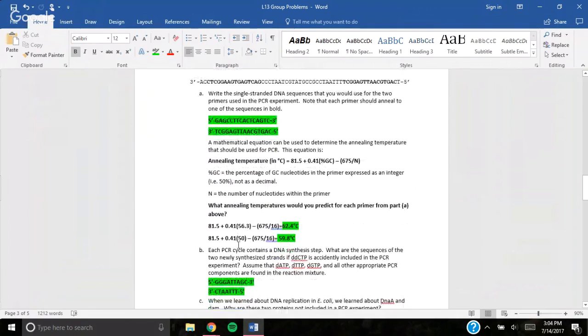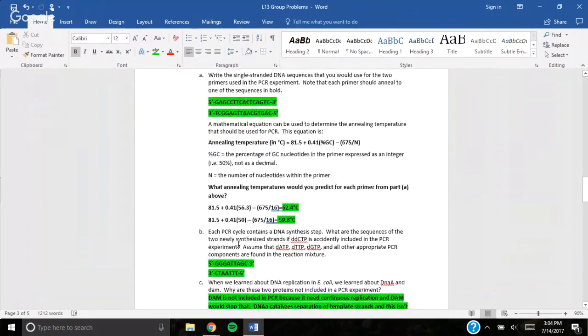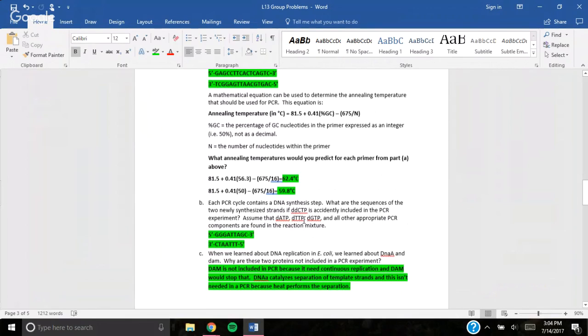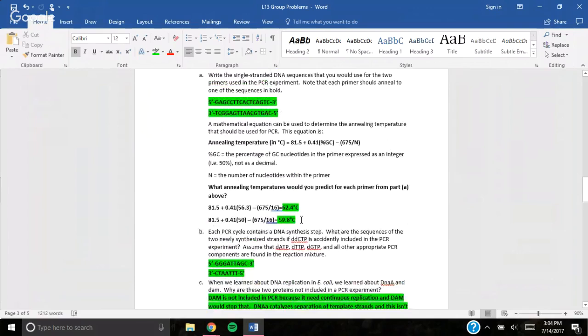B asks for the primer temperatures, correct? The annealing temperatures? Yeah. And so we use the equation above. You take the 81.5 and you add 0.41 multiplied by the percent GC content. For the first primer, it's 56%.